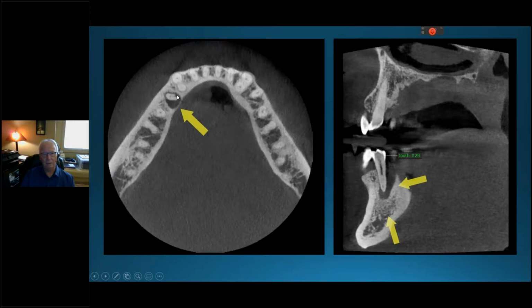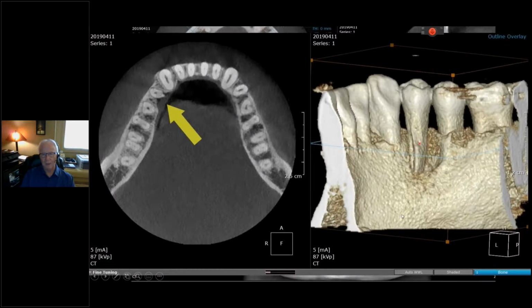When we look at it in the axial view, you can see quite a significant lesion around this apex, and you can see that the bone has been destroyed towards the tongue side. On the lingual, this tooth does look like it's floating in a sea of something. This one would have to be submitted for histologic diagnosis.